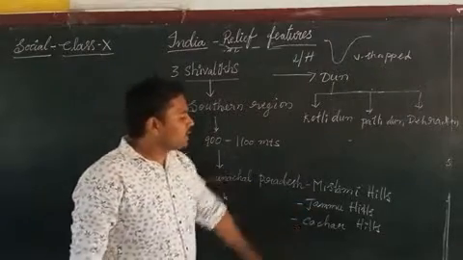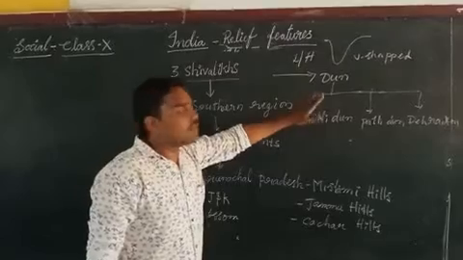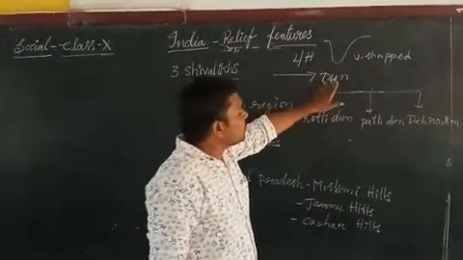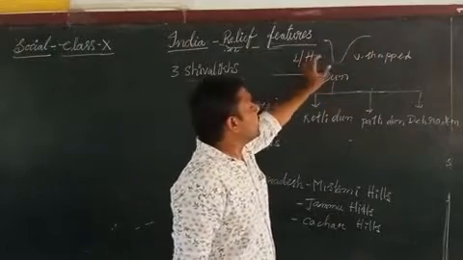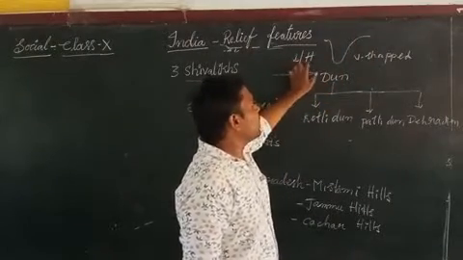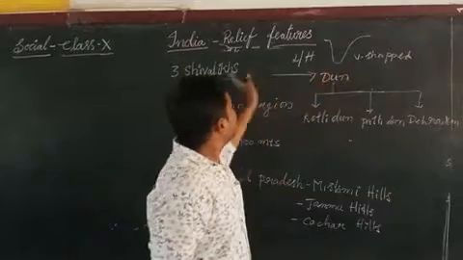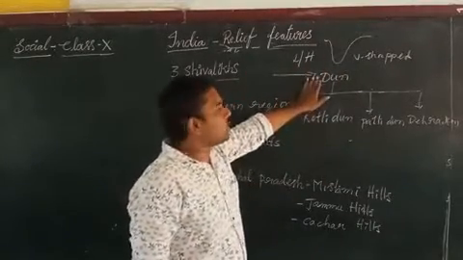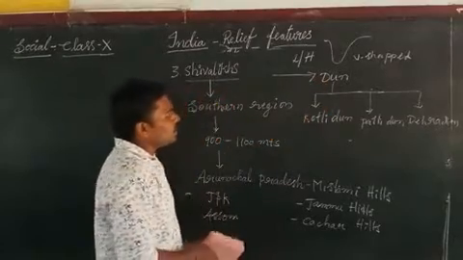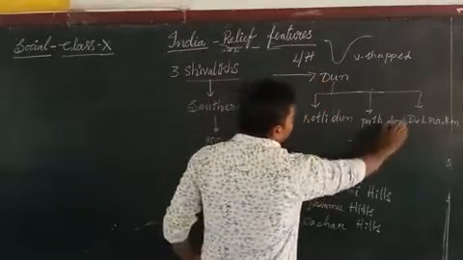Dunes are the V-shaped valleys between the Lesser Himalayas and Shivaliks. We have the famous dunes Kotli Dune, Patli Dune, and Dehradun.